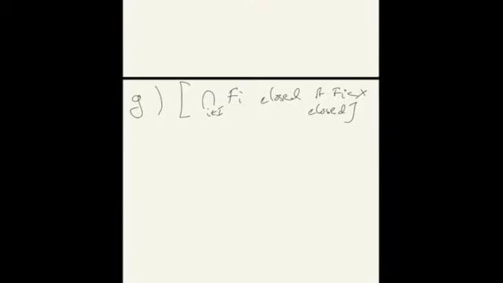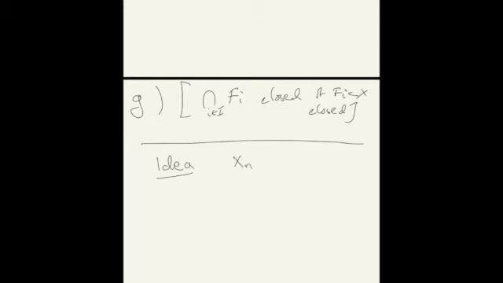Now, something about these other statements. Intersections being closed. I won't write the full detailed proof, but I will say the idea. If you have a sequence of points in the intersection, then for all these sets in your collection, x_n is in F_i for all n.